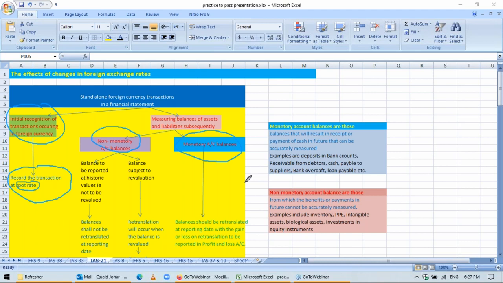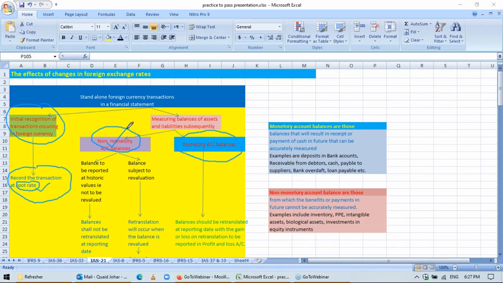You will have to convert the dollar price of the building into rupees first, at the time of acquisition, at the spot rate. Now after 1 year, suppose the dollar gets expensive. What will you do at that time? First you will think whether the asset is a monetary asset or a non-monetary asset. The building is a non-monetary asset, coming under purple.